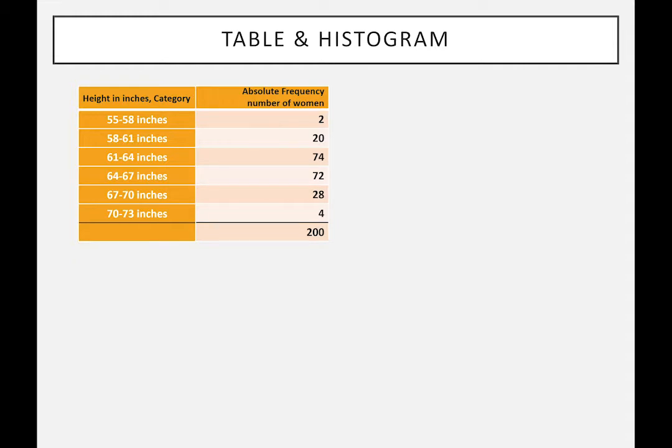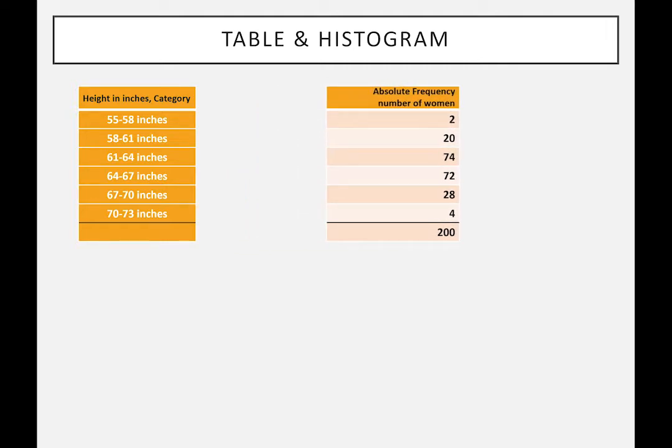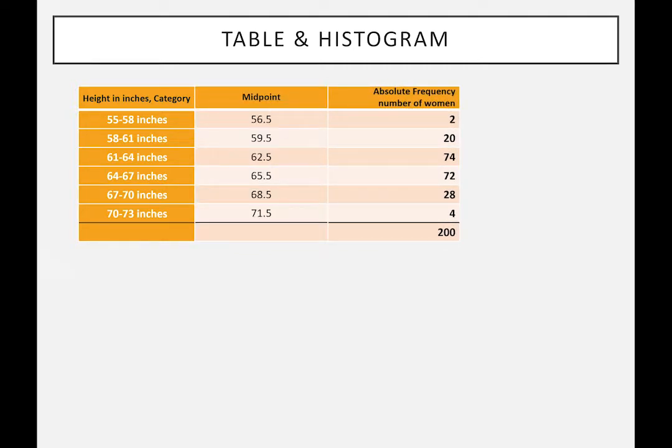My best guess of how tall those 2 women are would be the midpoint value between 55 and 58, and that's what I've drawn here. The same thing for those between 61 and 64, where there were 74 students like that. I didn't know how tall they were precisely. My best guess would be, I'd be the least wrong, if I guessed 62.5.